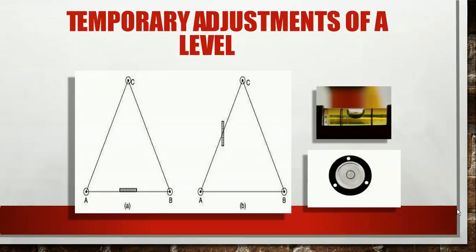This is the image: first the telescope is parallel to the two foot screws and then perpendicular, over the one foot screw. You have to move the foot screws in an inward and outward motion till the bubble gets centered, right?